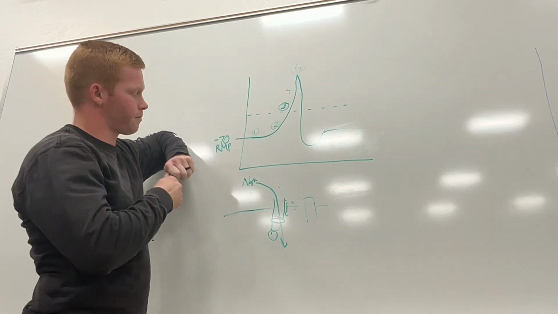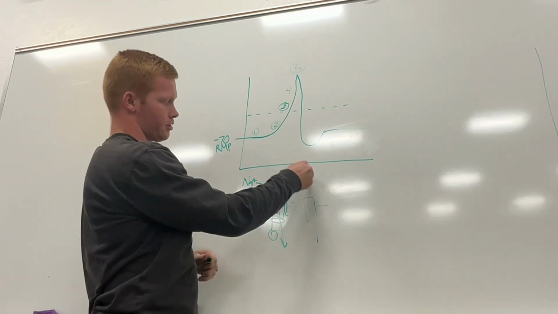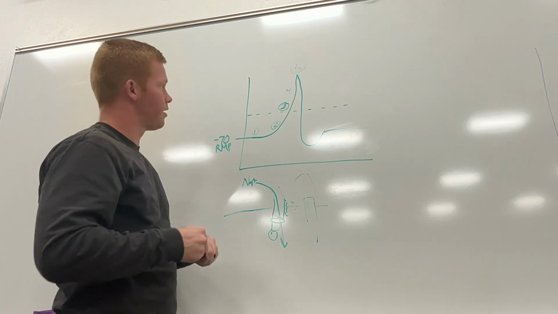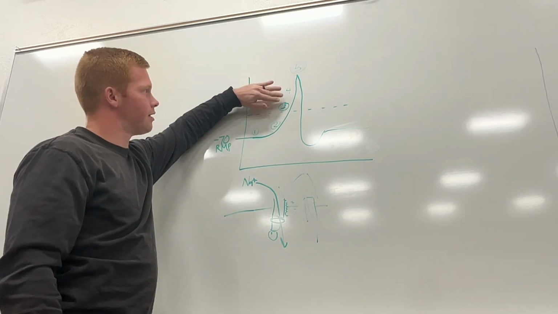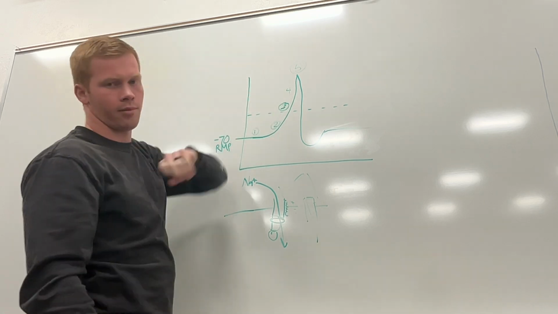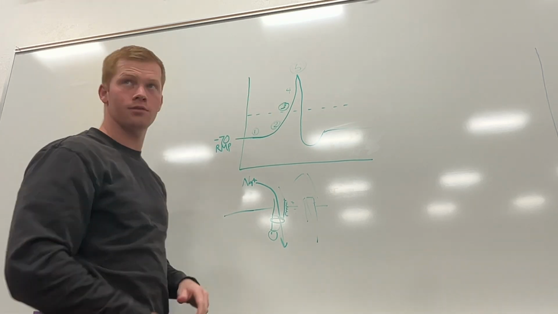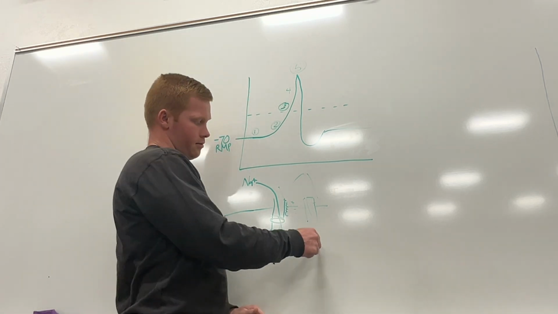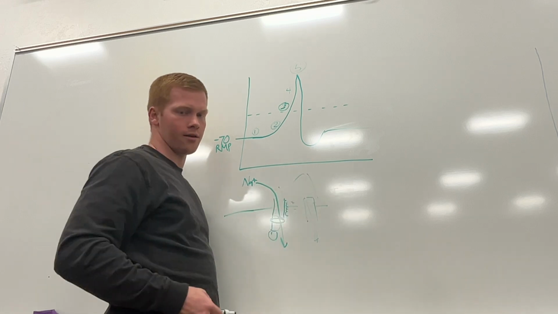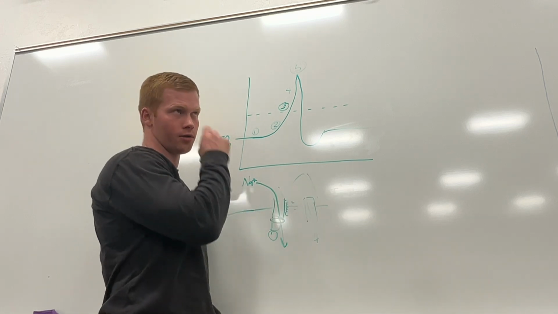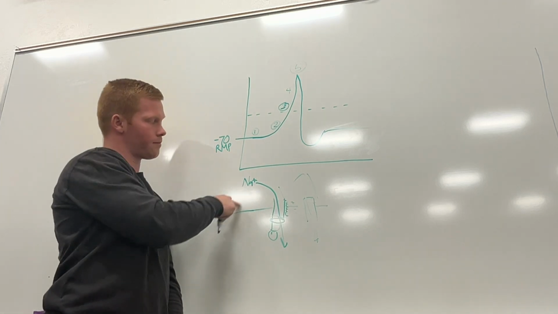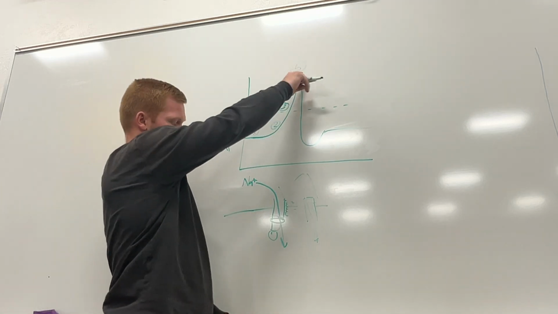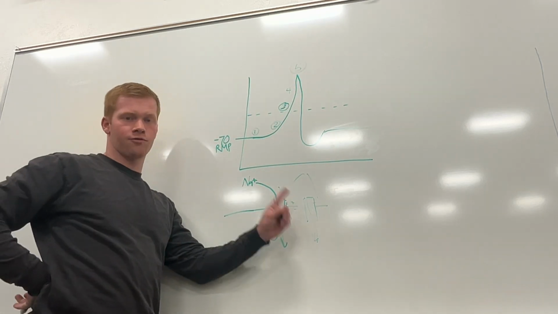It's still going in a positive direction because we have those positive sodiums coming in and positive potassiums going out. But it's opening slowly, so not a lot are getting out. But here at number 5, the sodium channel closes, and then the potassium gate is fully open.